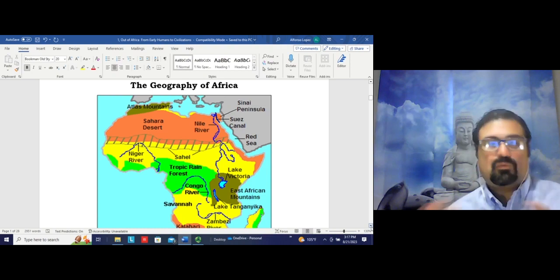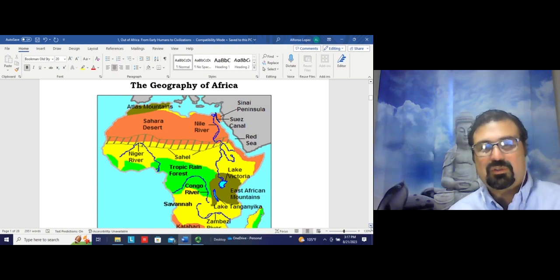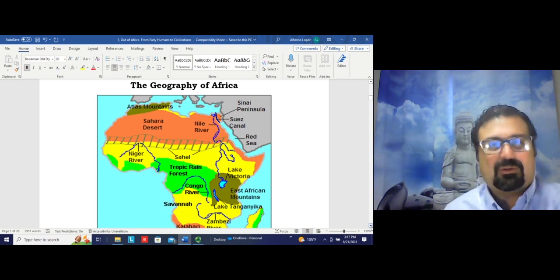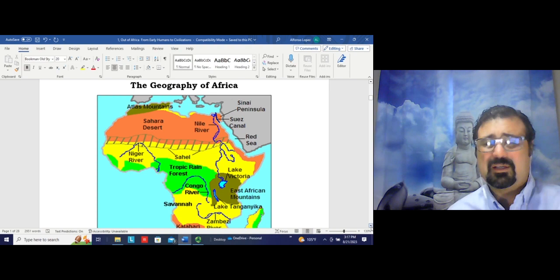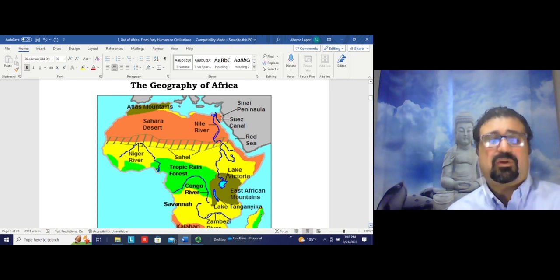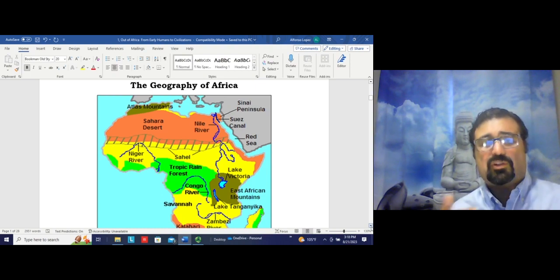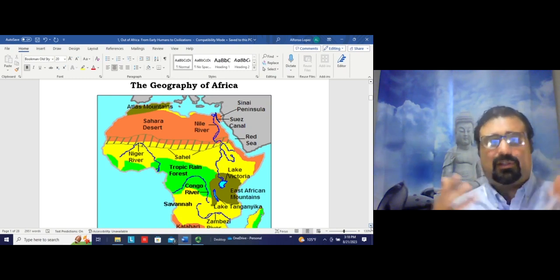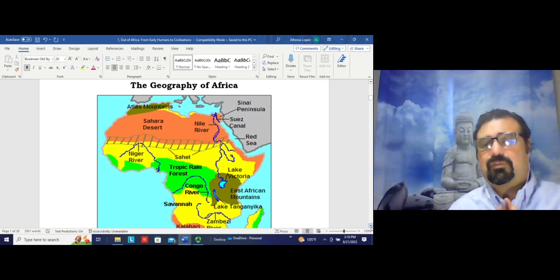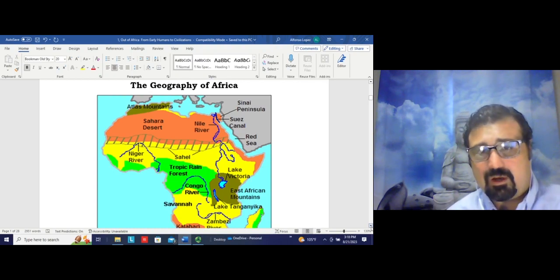It has plenty of water, of course, rivers, sources of this element that is vital for human beings. If human beings are to exist in this world, there must be water present where they settle, where they dwell, where they travel, and where they create a society or civilization. So this is another part of the geography of Africa: the availability of water.